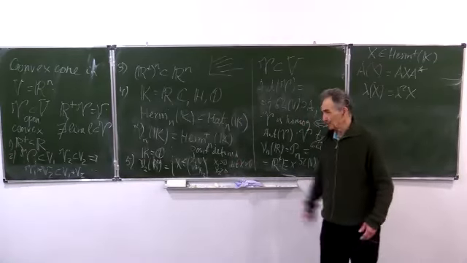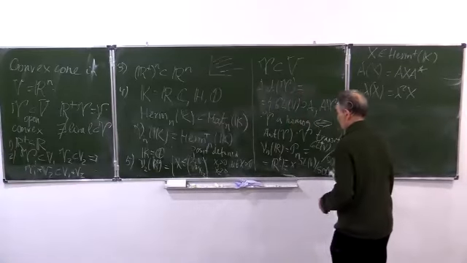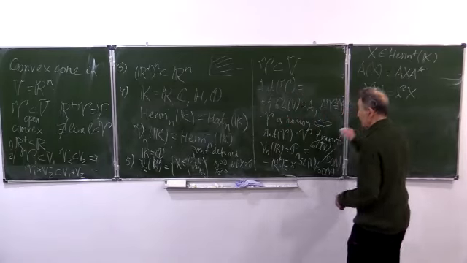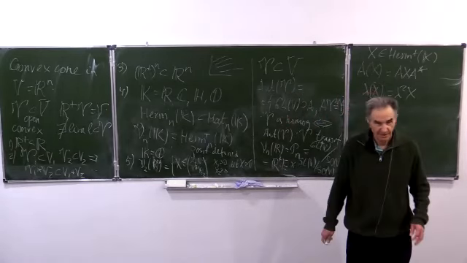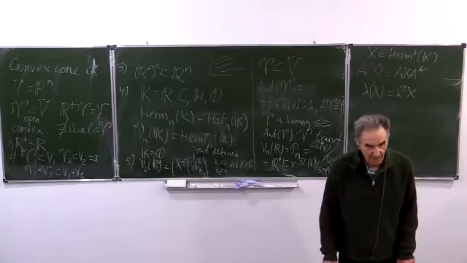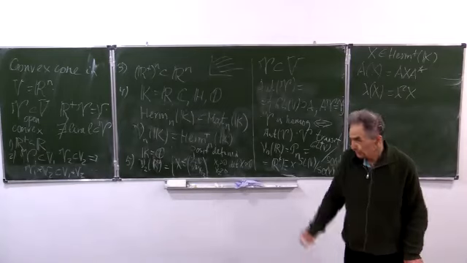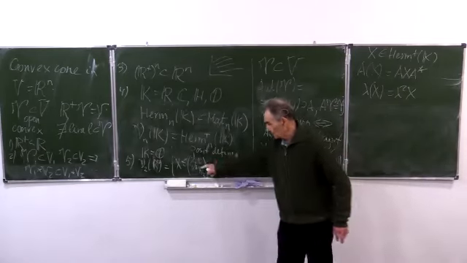V is in a vector space, and V star is in the dual vector space. So this is a column and this is a row.